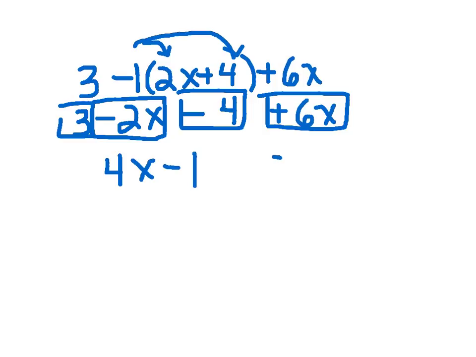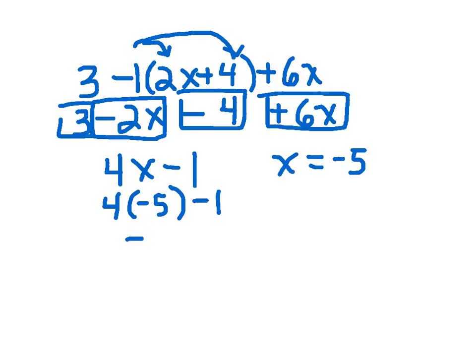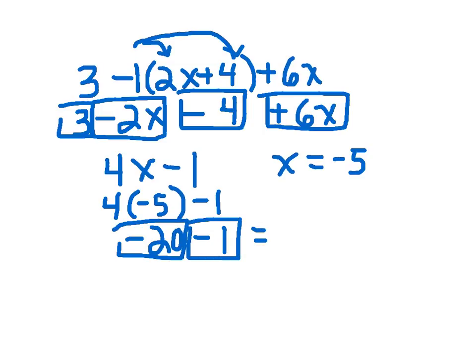So let's say x equals negative 5. So 4 times negative 5 minus 1 is negative 20 minus 1. Now this is a kind of problem that sometimes still confuses people. You can either think of it like boxing, because you're putting together negative 20 and negative 1, which equals negative 21. Or if it makes it easier for you, you can always say subtraction is the same as adding the opposite, and do it like that.